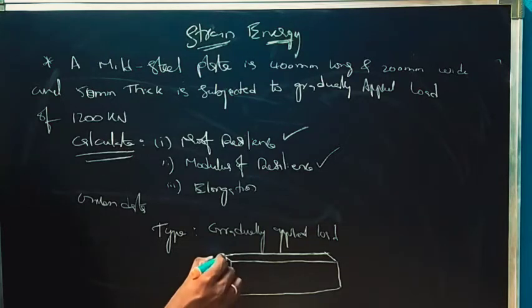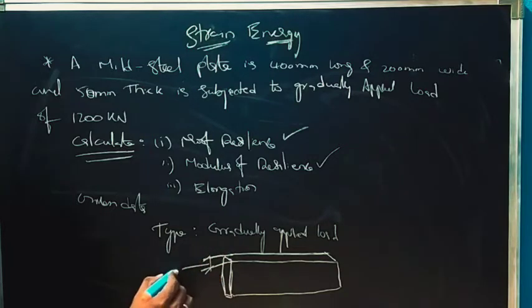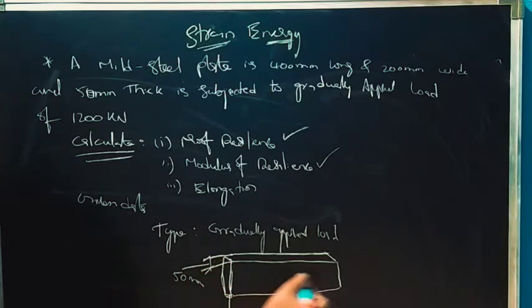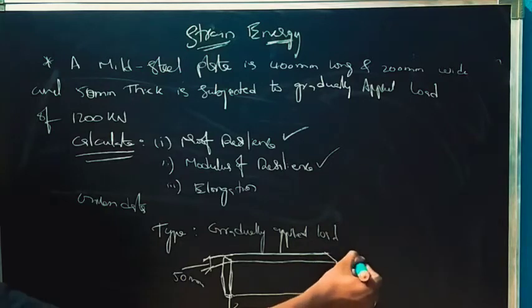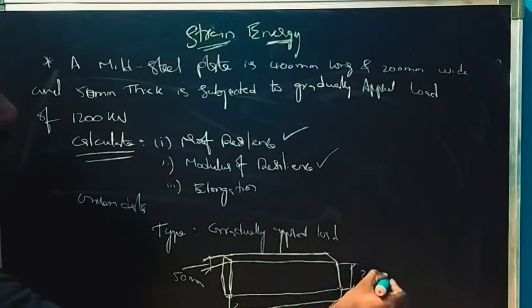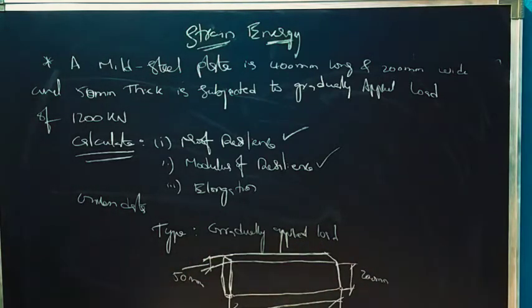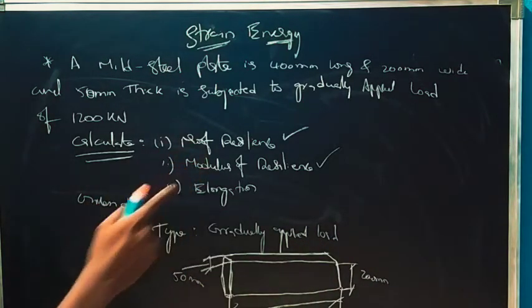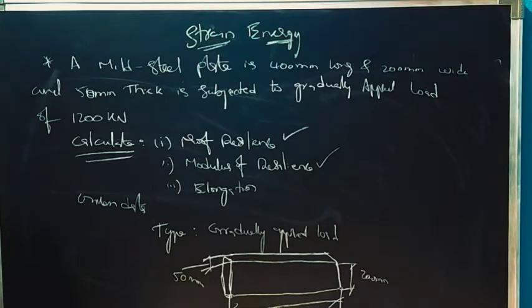So it's a mild steel plate, and this thickness is 50 mm and the length is about 400 mm and the width is 200 mm. Okay, so let us try to solve the given points, that is proof resilience.